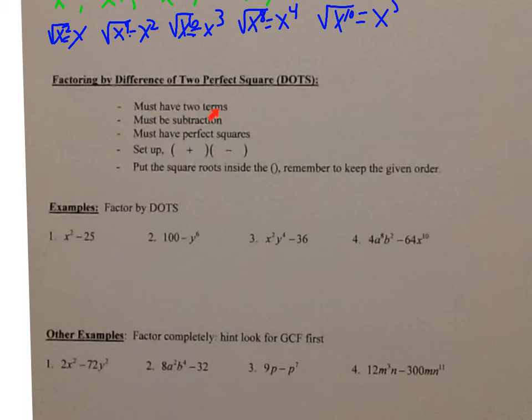It must be subtraction. You must have perfect squares, so your numbers and your variables have to be perfect squares. These first 3 are conditions that you must have.